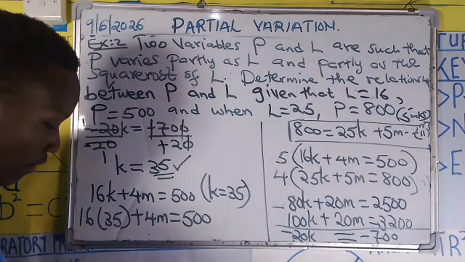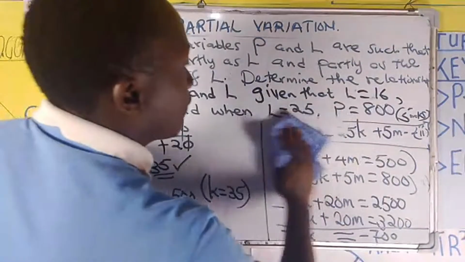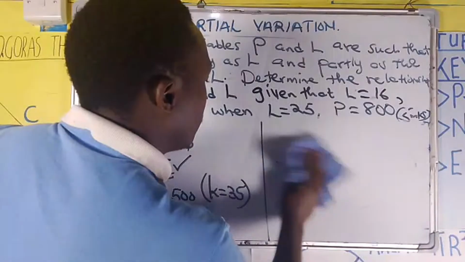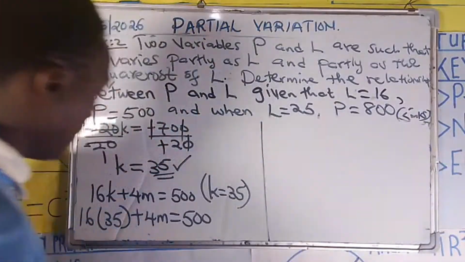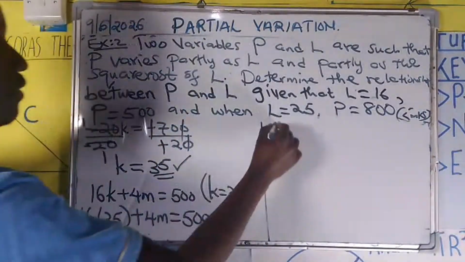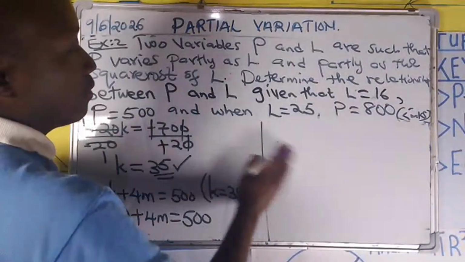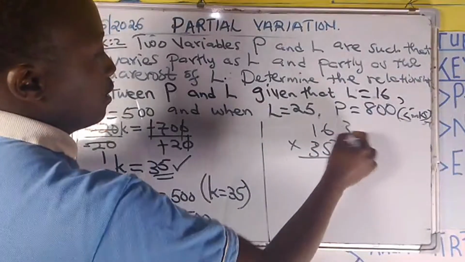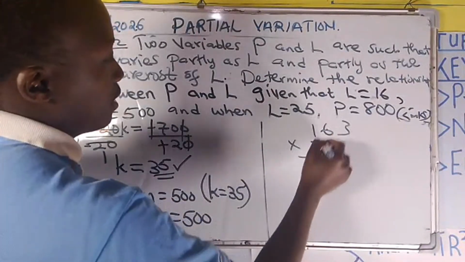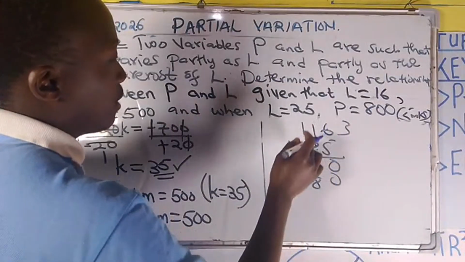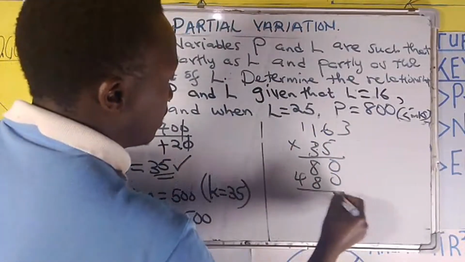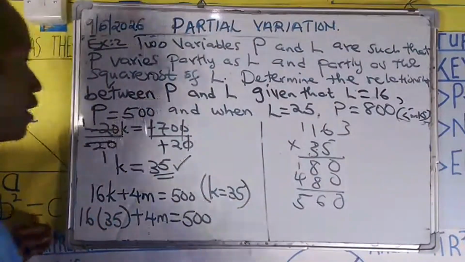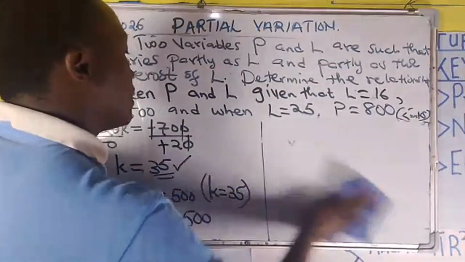So 16 times 35: 6 times 5 is 30, that is 0 carry 3. 6 times 3 is 18, plus 3 is 21, carry 2. 1 times 5 is 5, 1 times 3 is 3, plus 2 is 5... so 16 times 35 is 560.